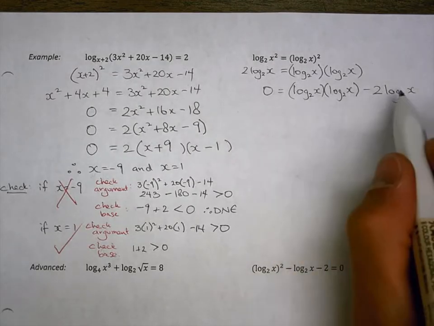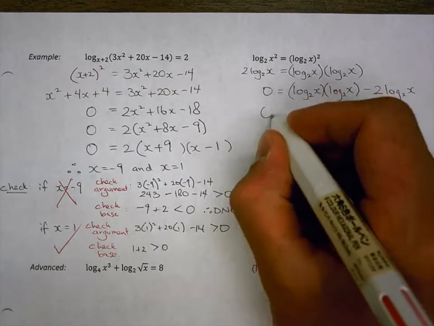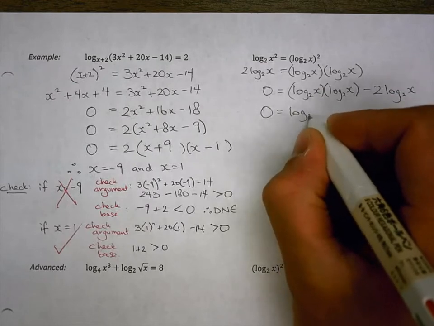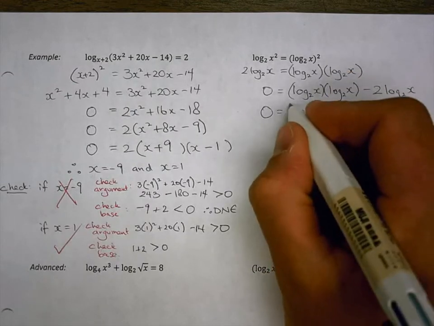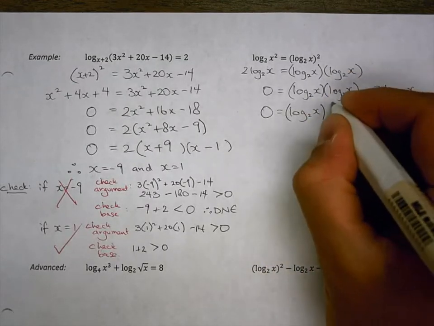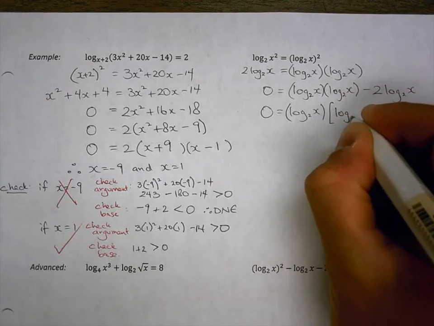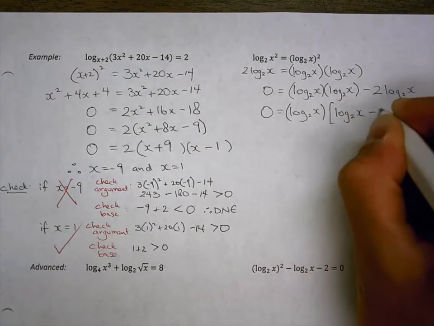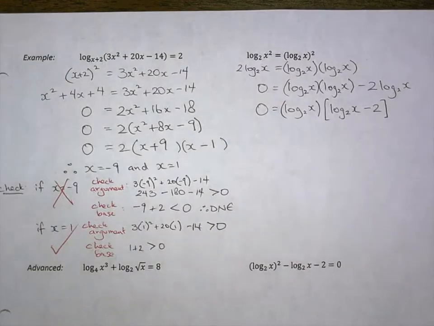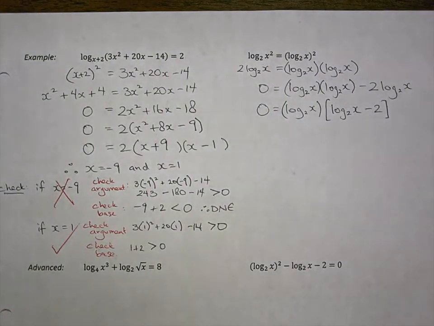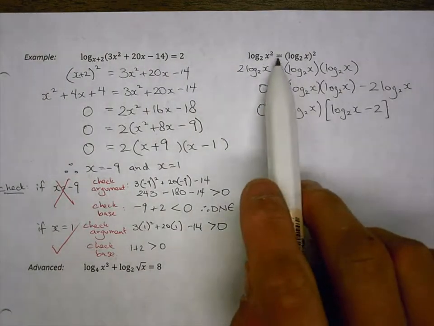And I can actually factor out one of those logs, and I'm left with log x base 2 minus 2. Hopefully what I've done is logical enough.